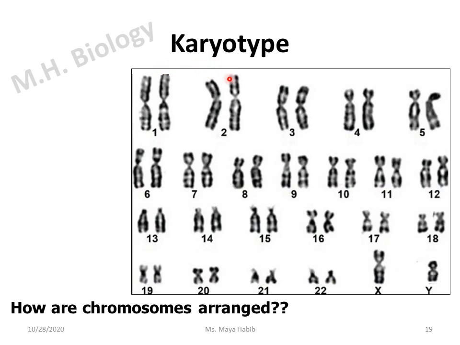That is 2 copies of each autosome and 2 copies of the gonosome. The chromosomes of the same autosomal pairs are called homologous chromosomes. One is of maternal origin, that is inherited from the mother, and the other chromosome is of paternal origin, that is inherited from the father.